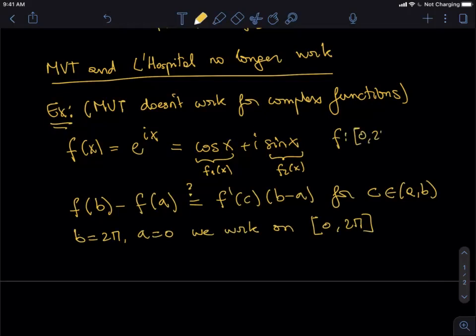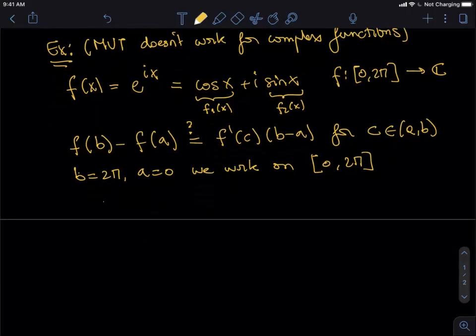Because x is an angle, and it's producing all the numbers in the complex unit circle. So for every x, it's producing cosine of x plus i sine of x.